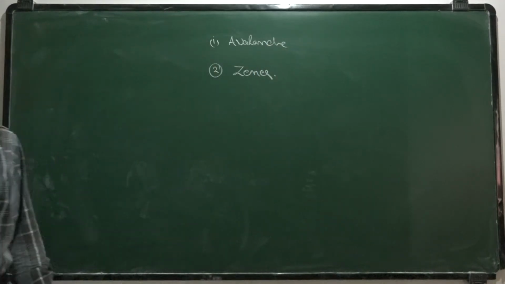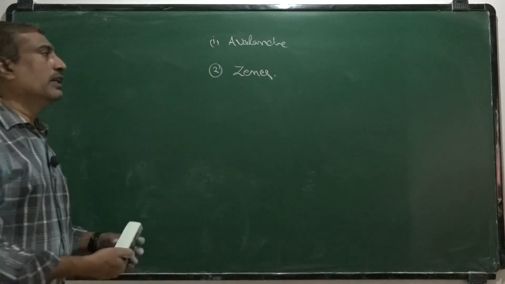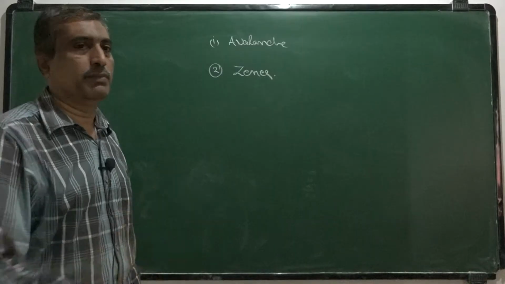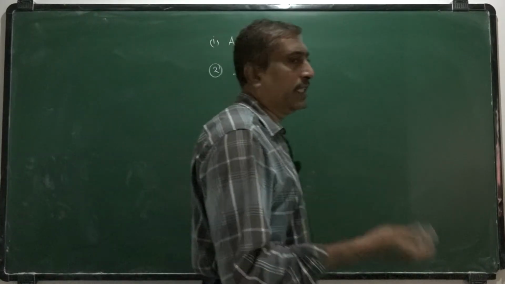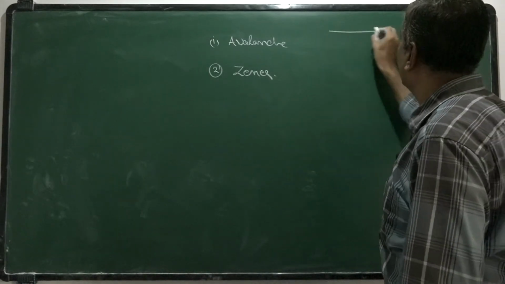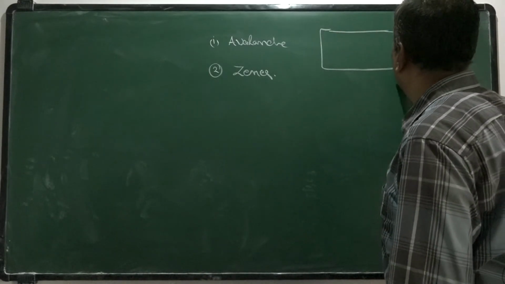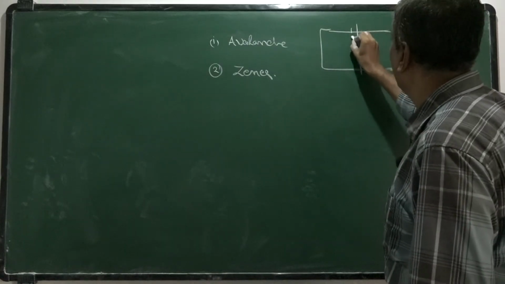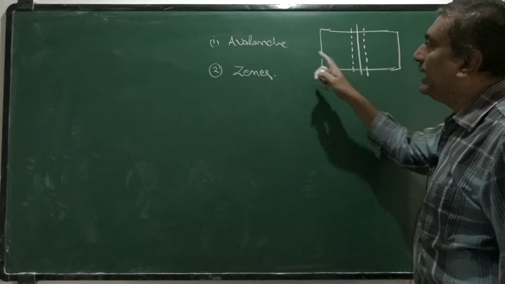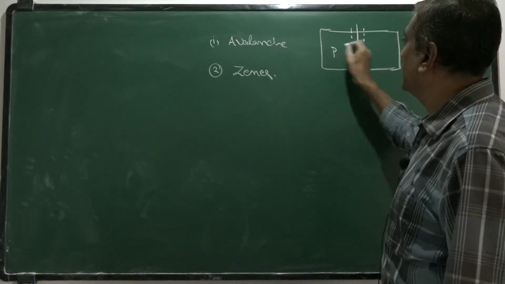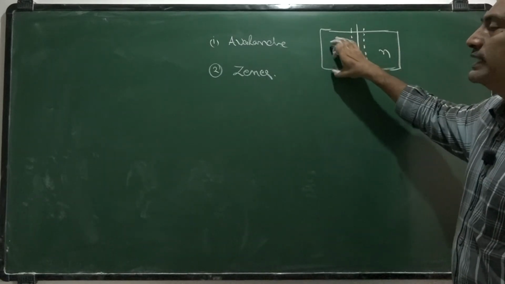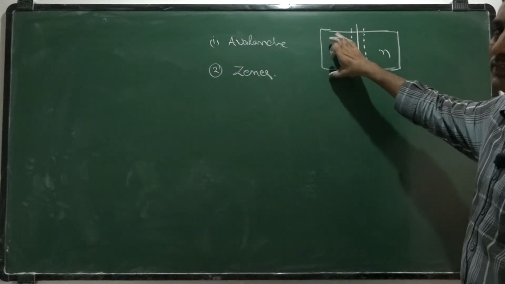Okay, what is Zener breakdown and what is avalanche breakdown is, as we know, when a PN junction is in reverse bias and the applied voltage is increased, what happens is, as we know, in a PN junction diode in reverse bias, the width of the depletion layer increases. Consider a lightly doped PN junction diode, that means the doping density is very small.